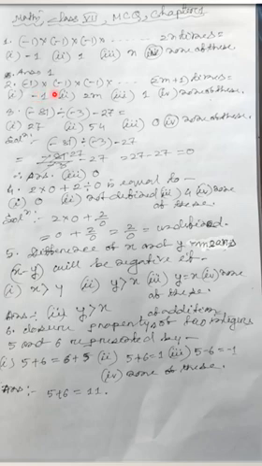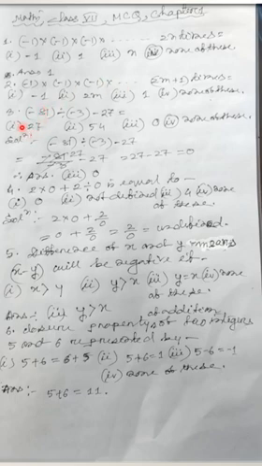When you multiply -1 an odd number of times, then it will be negative only. Options are given: -1, +1, none of these. Answer will be -1. If you multiply an odd number of -1s, then the answer will be -1.